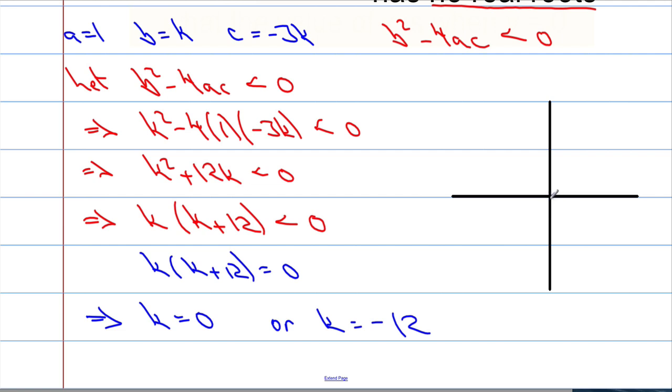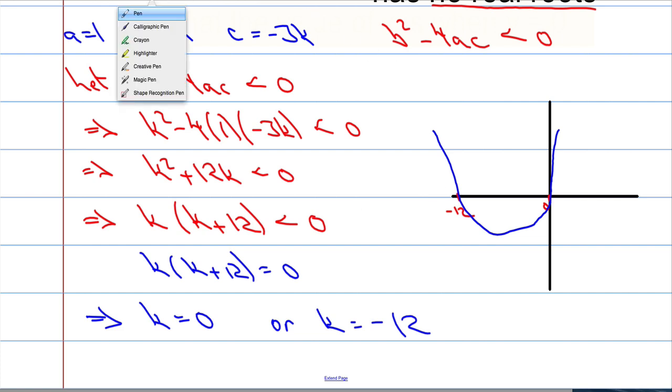If k was 0, it would be here, and k being negative 12 somewhere over here. This is a positive quadratic, which means it follows this type of shape. Like that.